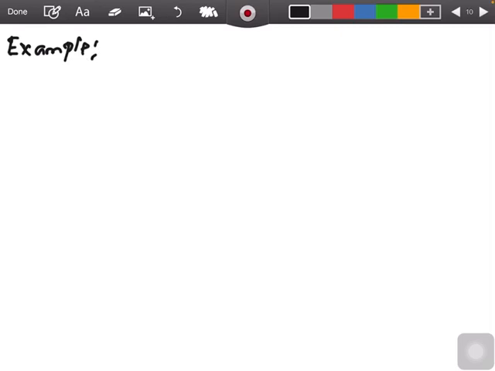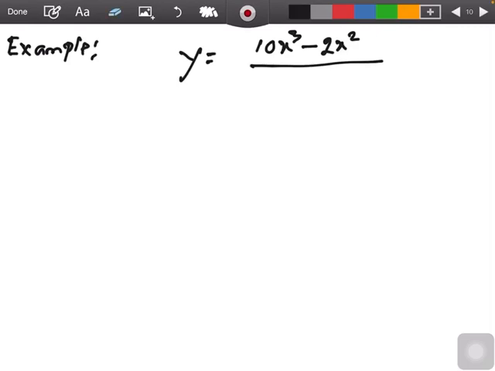Let y is equal to, it is in quotient form, 10x cube minus 2x square divided by 3x square plus 5x. तो u by v फॉर्म में है. सो ऊपर वाला u न्यूमरेटर and the denominator it is in v form. So this is in u by v form.